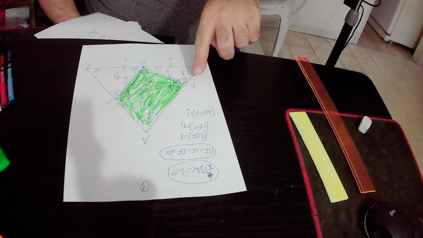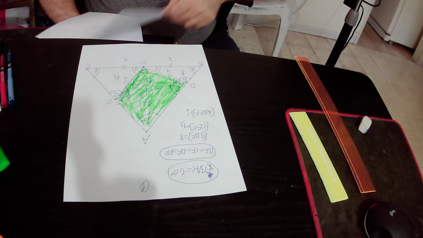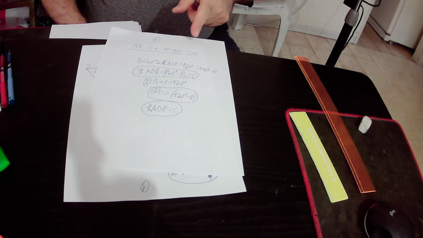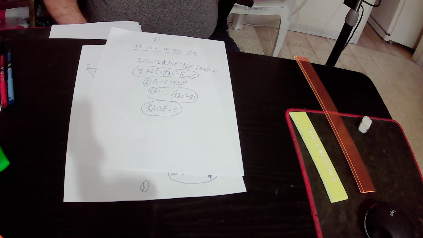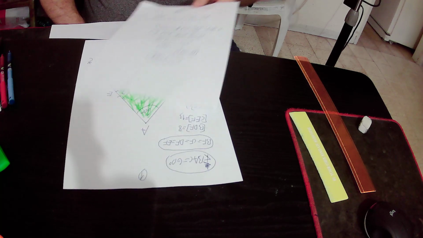At point D, B plus 60 degrees plus angle ADE equals 180 degrees according to rule number 2. And from this equality we found out that angle ADE equals C.